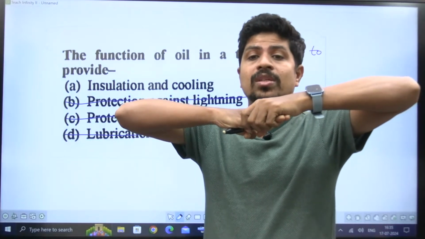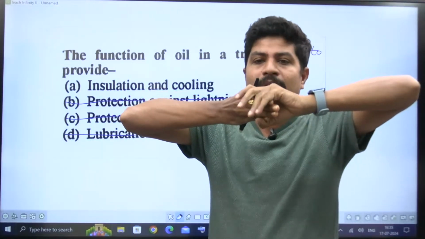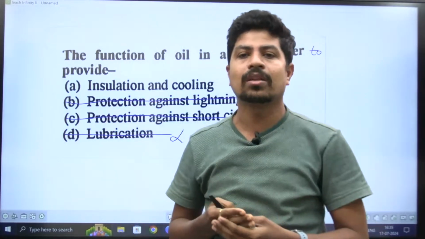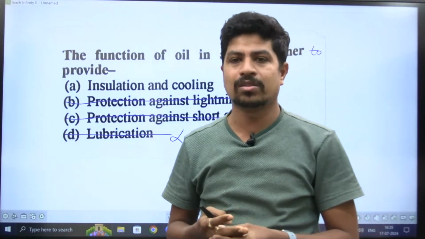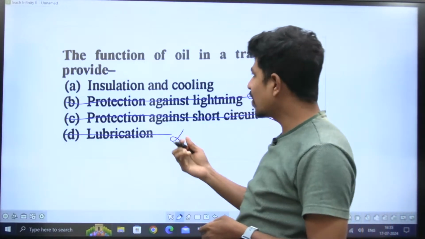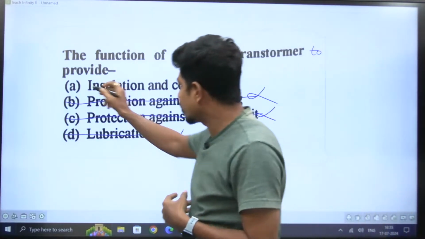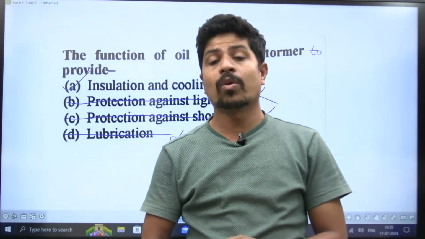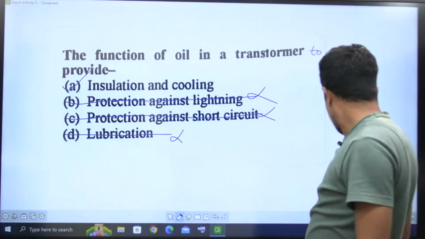Therefore I have to put some lubrication, so that if you provide good lubrication, then mechanical loss, friction, wear and tear is going to be less, right? So the answer is to provide insulation and cooling, it is going to provide us both insulation and cooling.